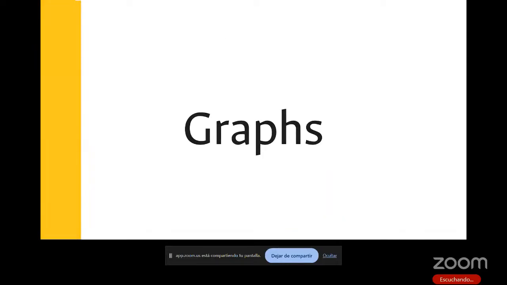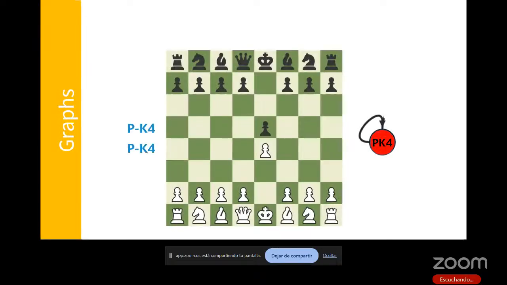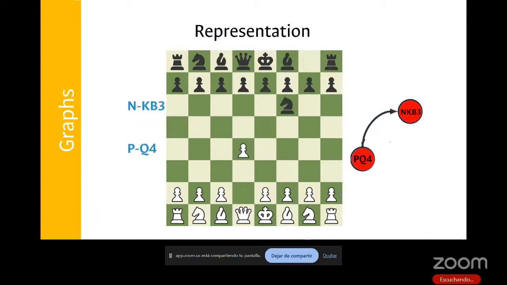So for the representation, we use graphs. For example, this move, pawn king 4, pawn king 4, is going to be a loop into the same node. Then for this one, we are going to have these 2 nodes with an arc.